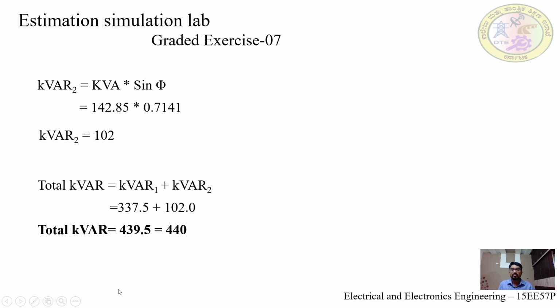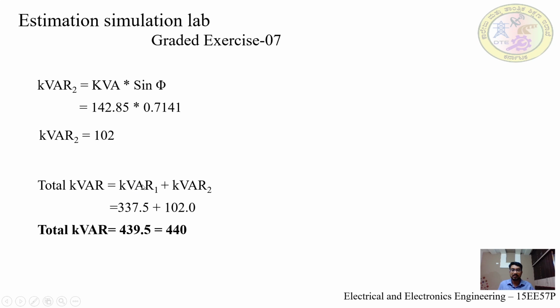The value of sin of 45.57 is 0.7141. Now, kVAR2 is given by kVA into sin phi. The kVA value is 142.85 and the sin phi value is 0.7141. Multiplying these two gives 102. Hence the value of kVAR2 is 102.